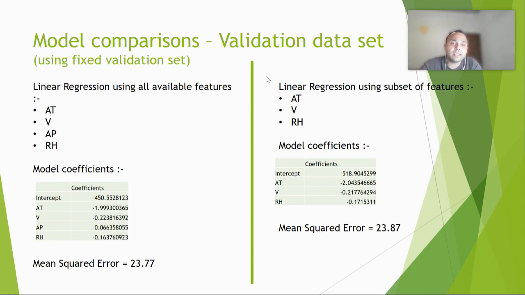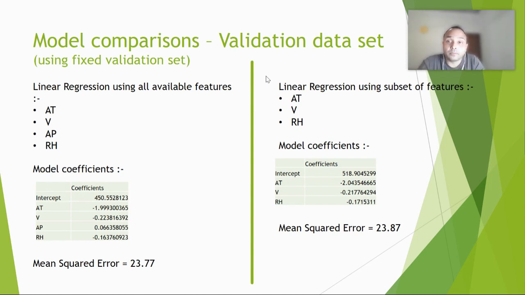On the right side, the linear regression model with 3 features has slightly different coefficient values, and the mean squared error is 23.87. So the mean squared error actually has increased, meaning that the model on the left is a more performant model.